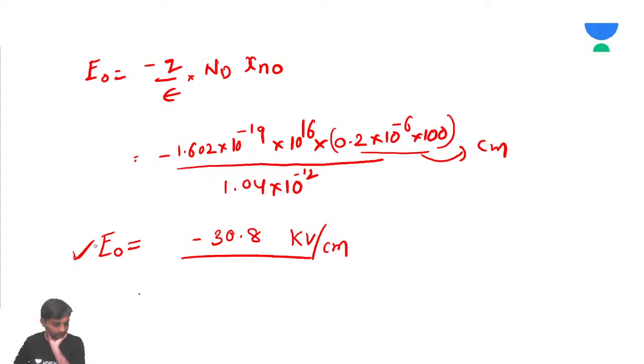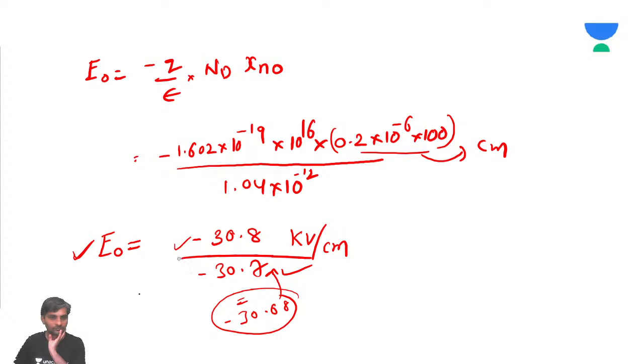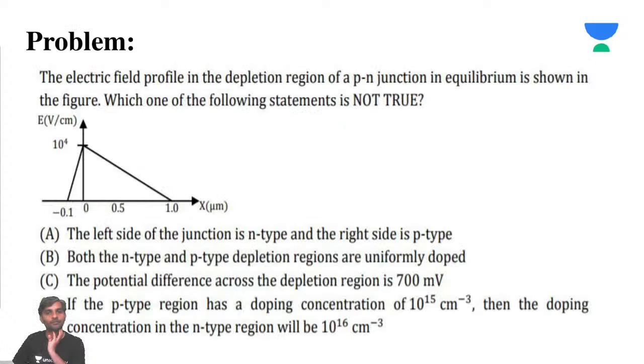I'm just waiting for Vasu's response. 30.7. Okay, minus 30.7. If you don't take this 1.6, you'll get minus 30.68 or 67 or something. This is okay, right answer only. Both of them are right. Next we'll go to the next problem.